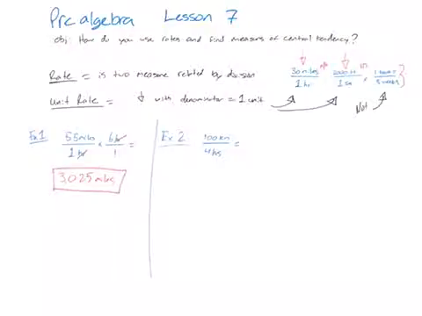Example 2 says this person hiked for 100 kilometers. It took them 4 hours. What is their average speed? Well, to find their average speed is just asking you to find its unit rate. To find its unit rate, I just need to take that 100 and divide by 4.